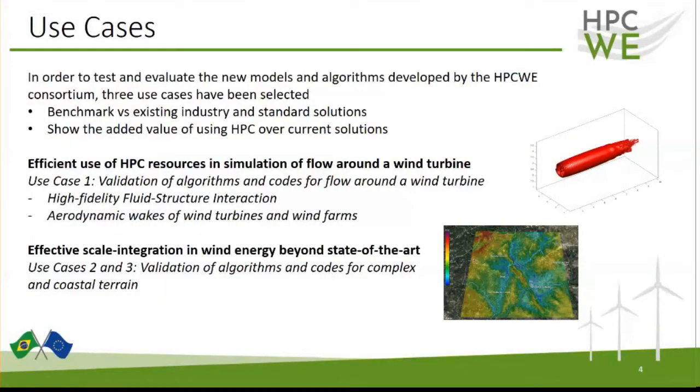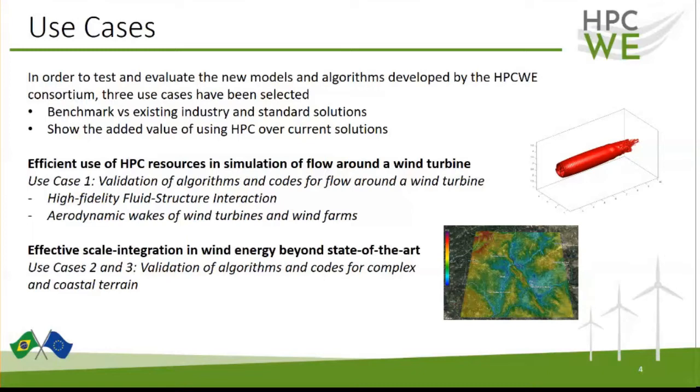In the HPCWE project, we have 3 use cases that are divided in 2 main applications. The first application is the efficient use of the HPC resources in the simulation of flow around 1 wind turbine. That's for the use case 1, where we will validate our algorithms and codes for this application.